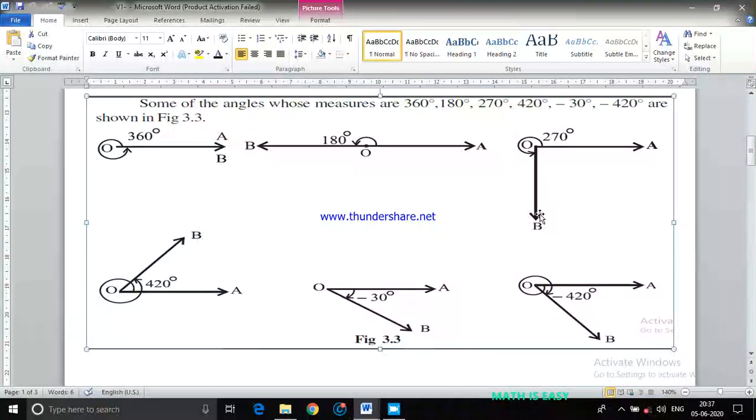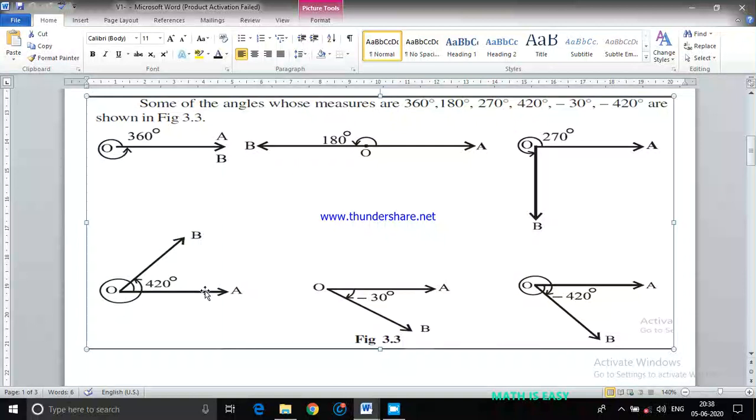And if I draw down, that will be 90 plus 90, 180 plus 90, 270 degrees. We started from OA, it moved in this direction, and then it reached here. So that means the 270 degrees line in the positive direction and the minus 90 degrees line in the negative direction will be at the same place.